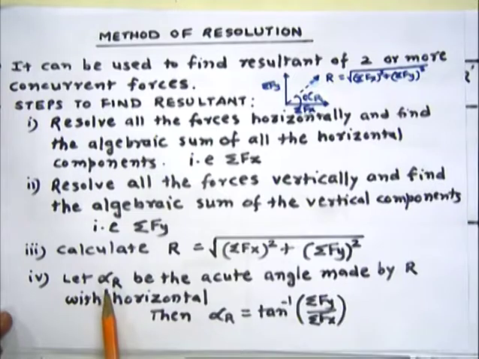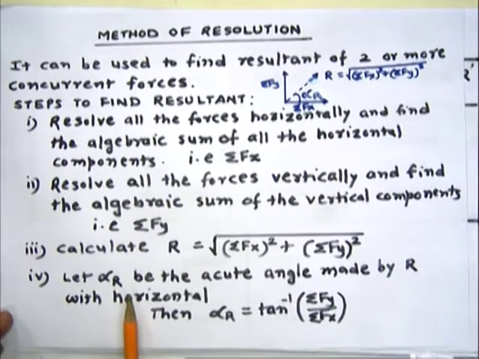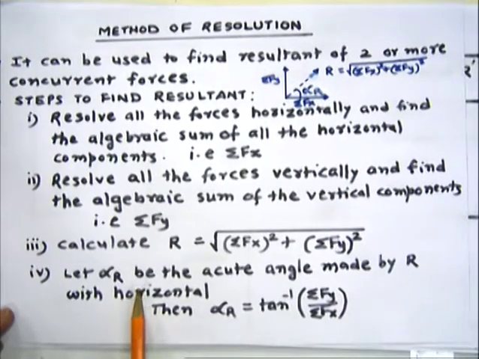So generally we find the angle of the resultant force with respect to the positive x-axis. So it is given in terms of the angle with the positive x-axis. So here let alpha R, which is the symbol for the angle of the resultant, where alpha is the angle and R means resultant, be the acute angle made with the horizontal.